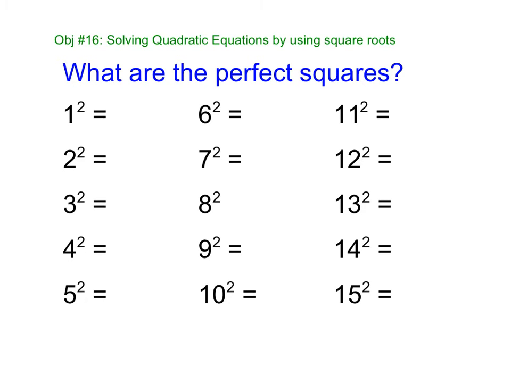I'm going to do a quick review of perfect squares. So we were dealing with a lot of perfect squares previously. So let's go through and write them all down.